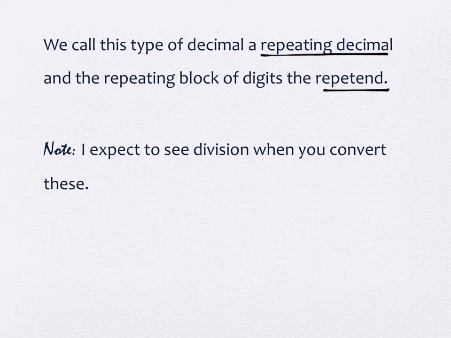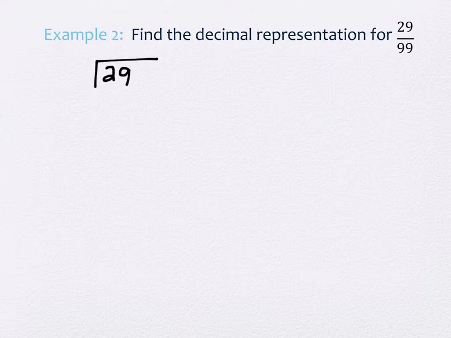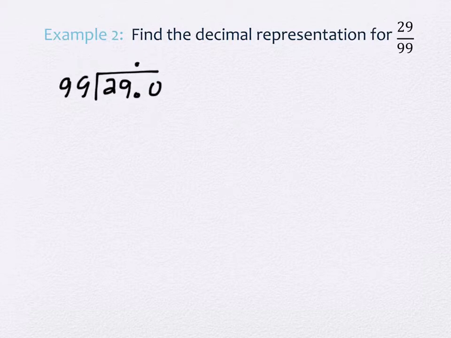All right, so we're going to do another example. 29 over 99. So we're going to divide 29 by the value 99. And as with the one before, of course, it doesn't go in, so I'm going to put a decimal point and a 0 and put my decimal point above. All right, so 99 goes into 290 2 times.